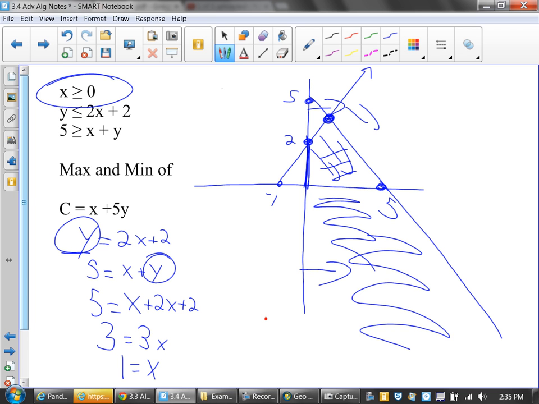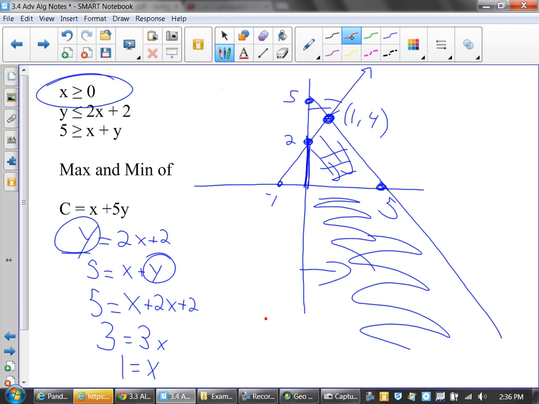Is there any bottom to this? Is there any stopping to it? No. So is there going to be a minimum value? No. There's going to be a max. In this case, since there's no boundary to stop you, there's no minimum. But you have an ordered pair up here that's 1 and 4, because 1 plus something is 5, 4.